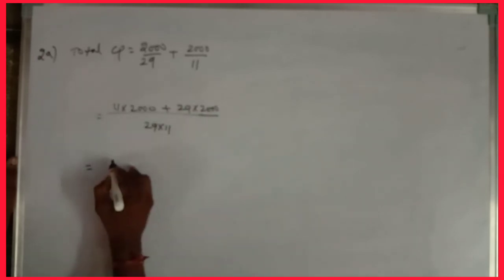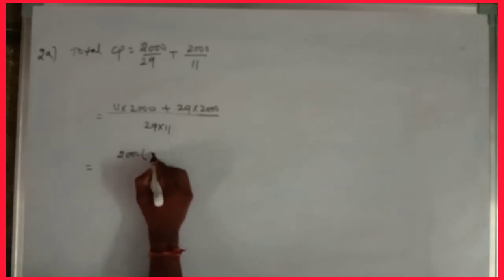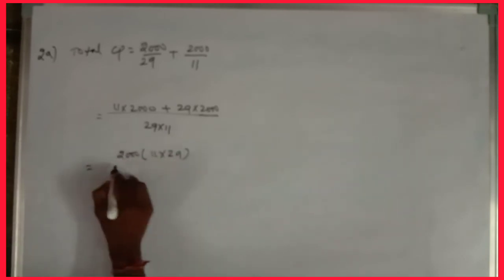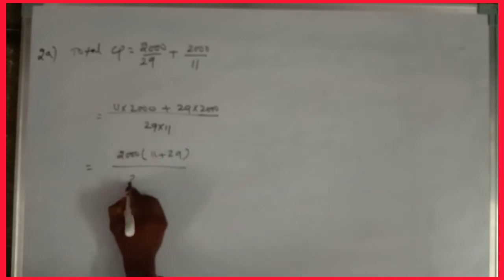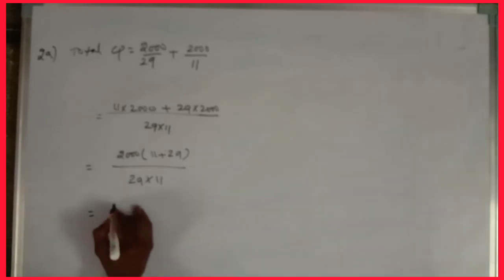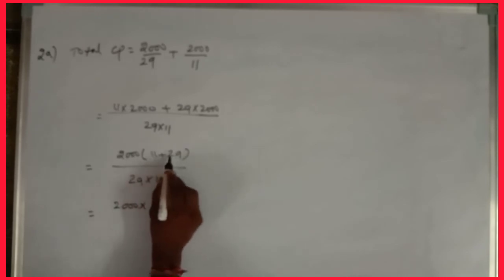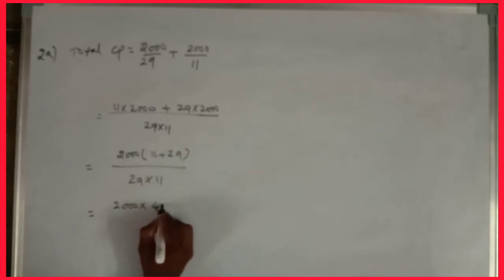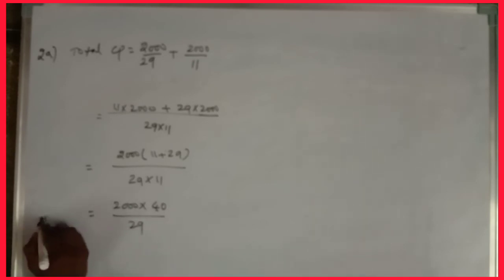So that's equal to 2000, I'm taking common, 11 plus 29 by 29 into 11. That's equal to 2000 into 29 plus 11, that is 40 by 29 rupees. This is the total CP.